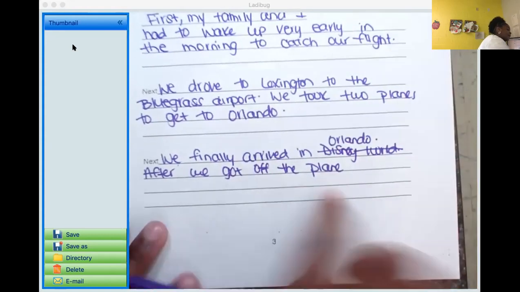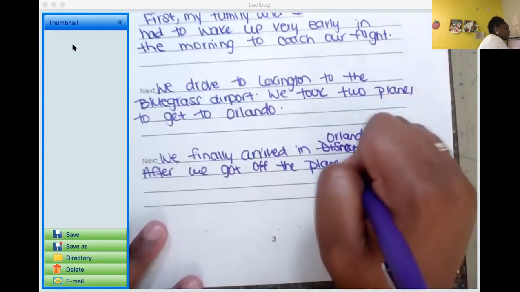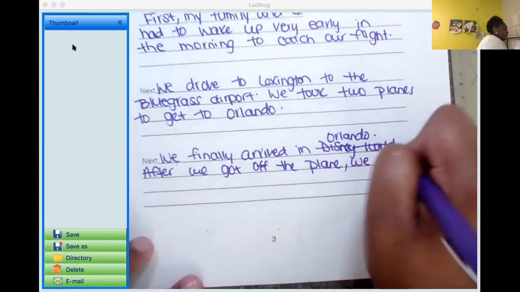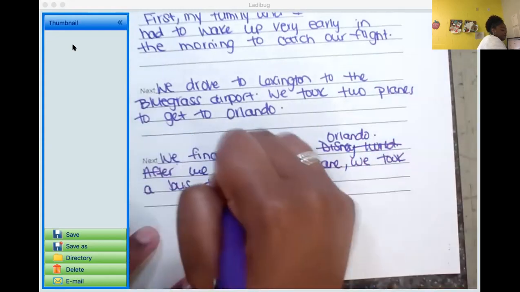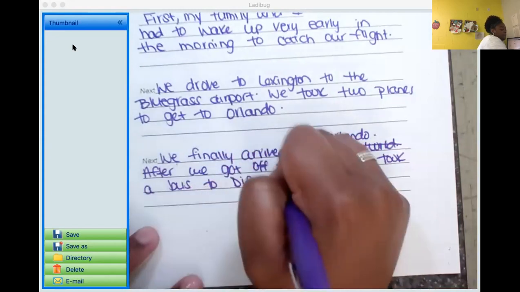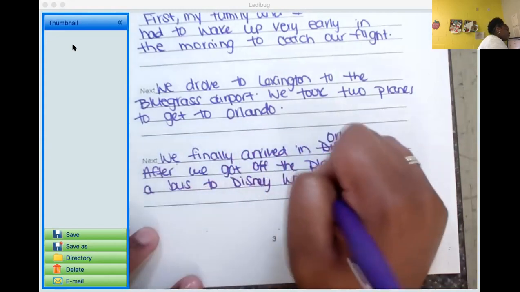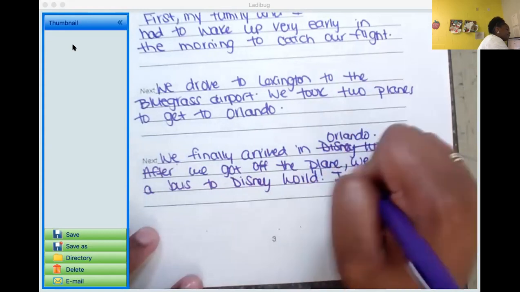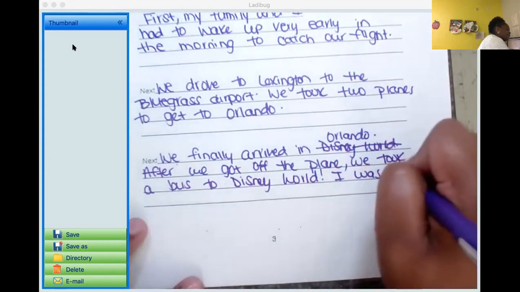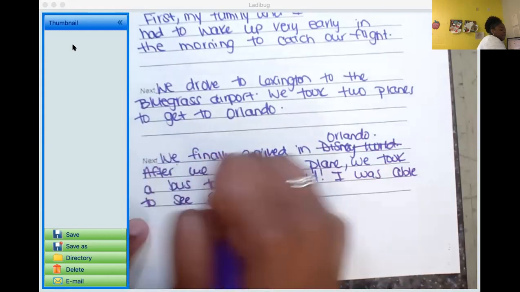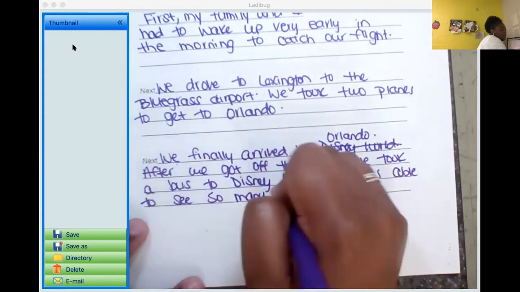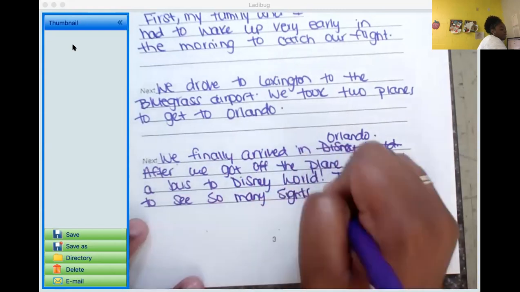After we got off the plane, we took a bus to Disney World. I was able to see so many sights from the window.